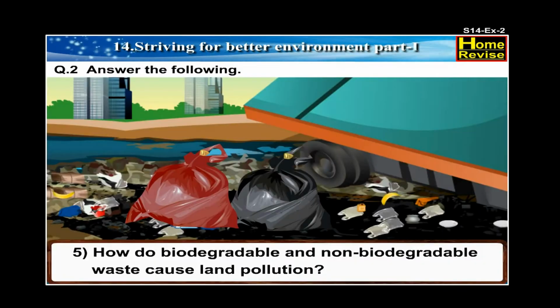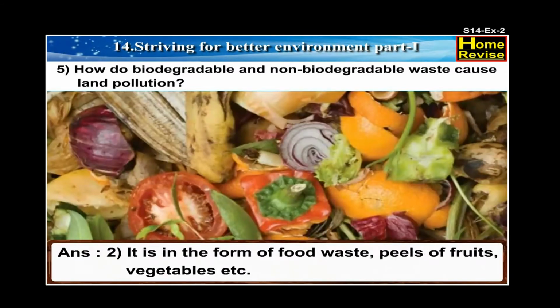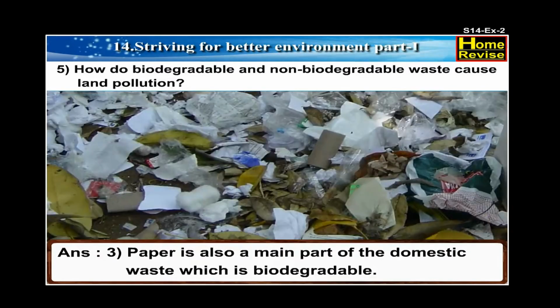Five. How do biodegradable and non-biodegradable waste cause land pollution? The answer is 1. Biodegradable material is mainly present in the domestic waste. 2. It is in the form of food waste, peels of fruits, vegetables, etc. 3.